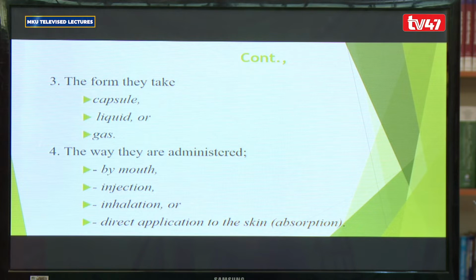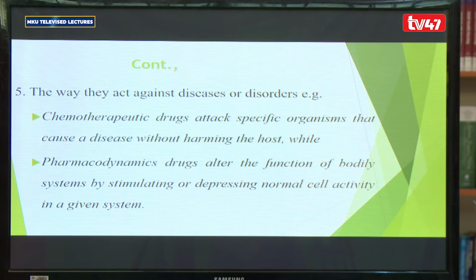Or we can classify the drug by the way of administration. When we talk about the administration of drugs, it is either by mouth, injection, inhalation, or direct application to the skin, and we talk about absorption. So it can be classified in terms of administration. Also, it can be classified by the way they act against the disease or disorder.